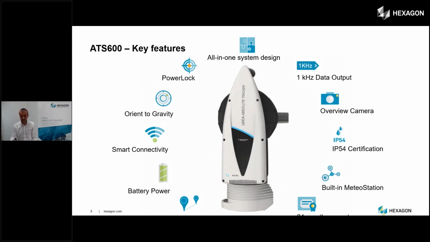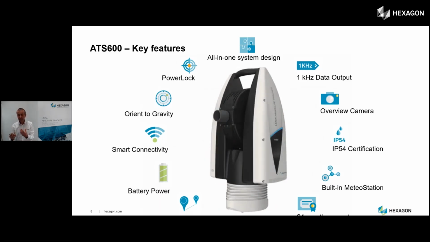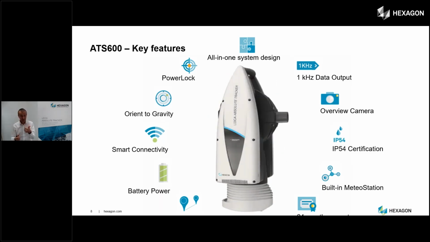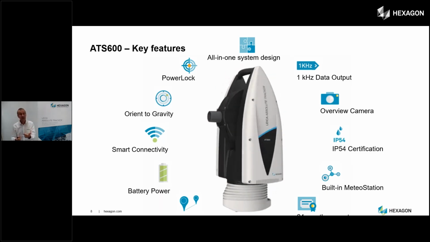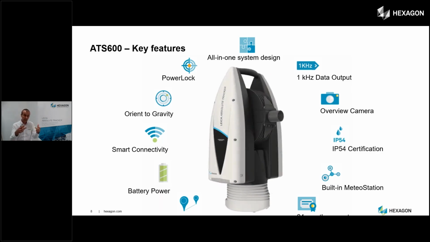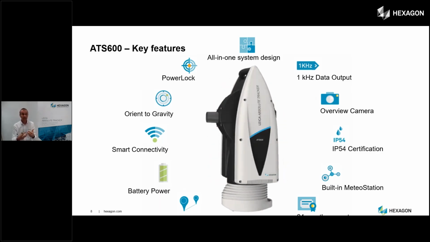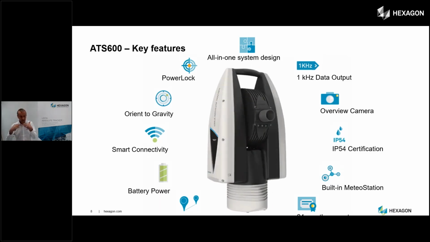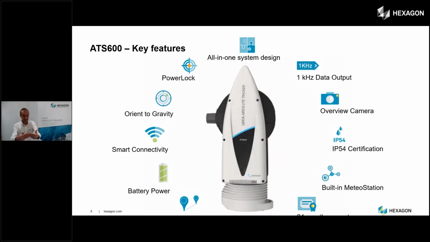Every laser tracker has a built-in meteo station. A meteo station measuring basically the temperature of the air, the pressure of the air, and the humidity of the air, and it automatically, in real time, corrects for changes in temperature or pressure to give you always the right distance back.